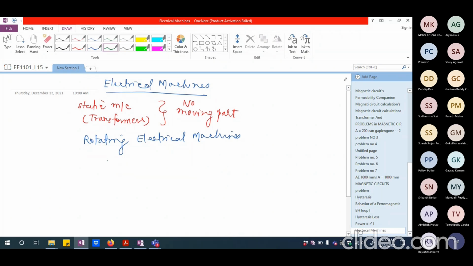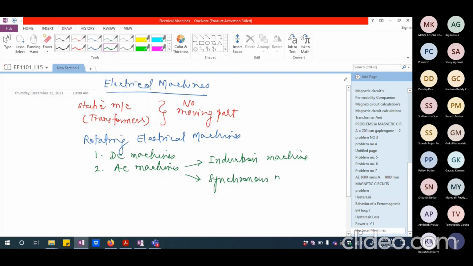If you look at rotating electrical machines, there are DC machines, and the second one is AC machines. In AC machines, there are two types: one is the induction motor or induction machine, and the other is the synchronous machine. Again, these AC machines can work from single phase or three-phase supply.